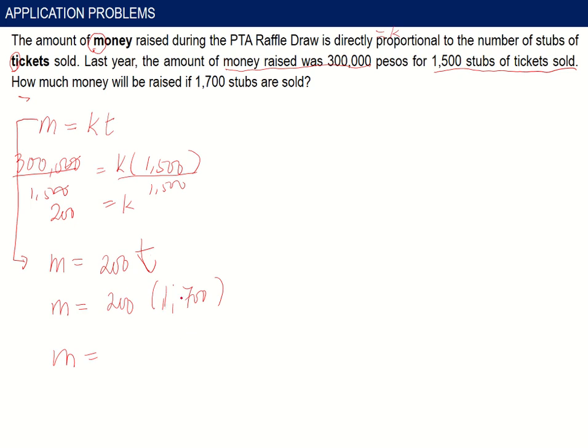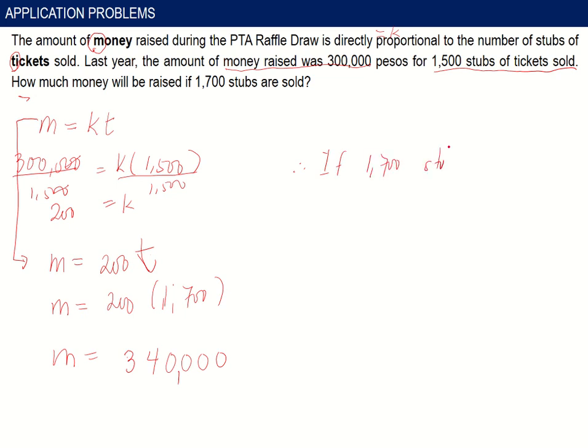So you have 17 times 2 is 34. Just add the 4 zeros. We have 1, 2, 3, 4. So we have here 340,000.